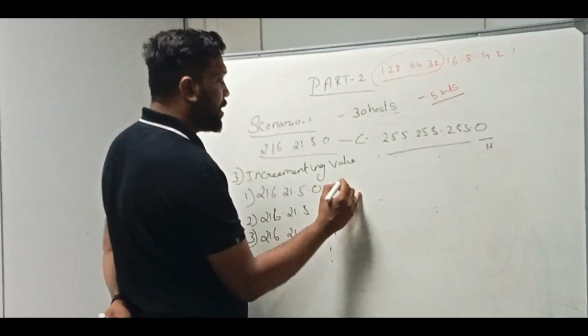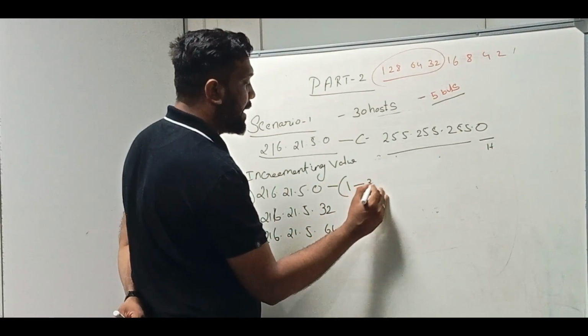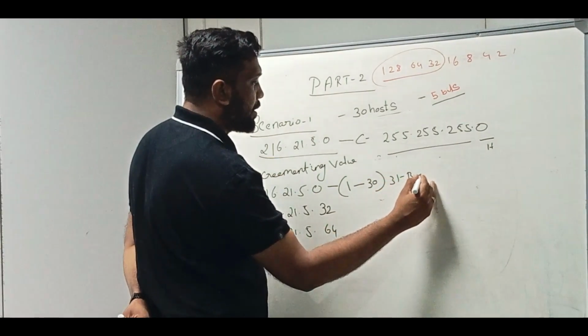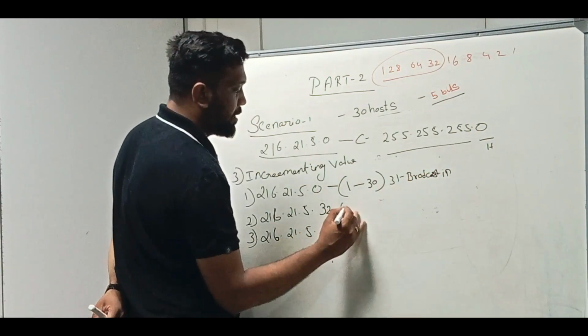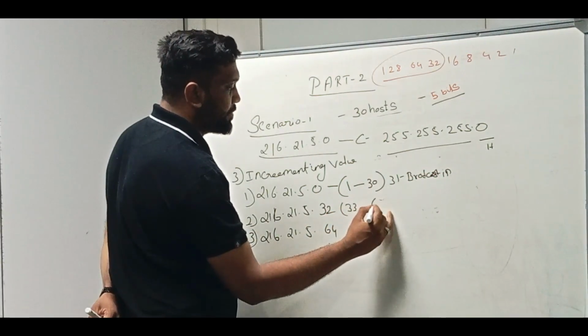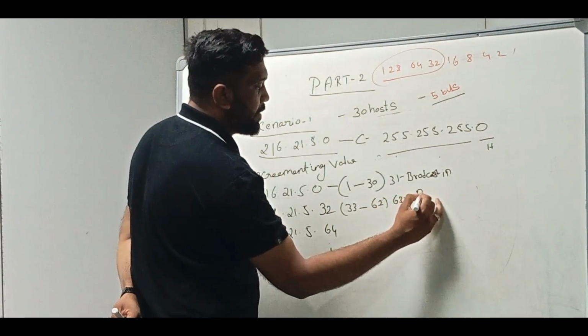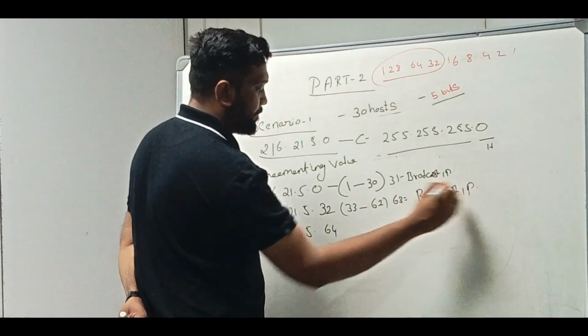So for the first subnet, the valid IPs are 1 to 30, and 31 is the broadcast IP. Here 33 to 62, and 63 is the broadcast IP.